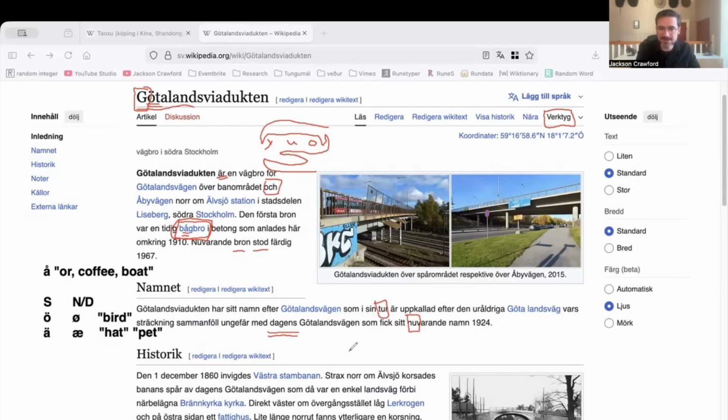But if that G comes before a vowel that is not a back vowel, and our back vowels are U, O, and A. If instead it comes before a front vowel, an I, a Y, an E, an O with two dots, an A with two dots. Before this, we're going to pronounce G as if it's a Y.